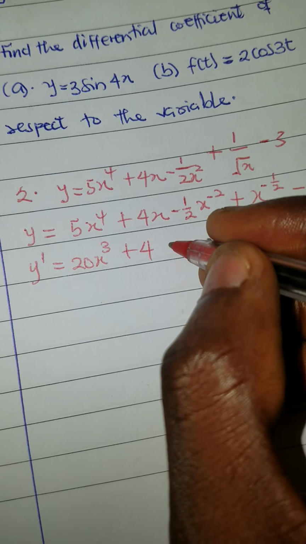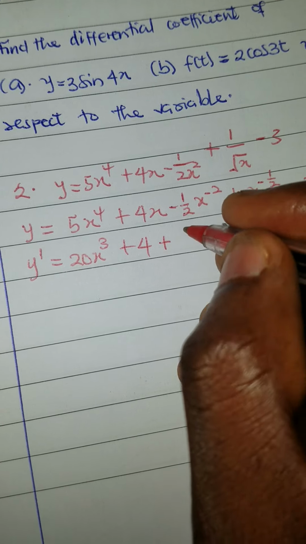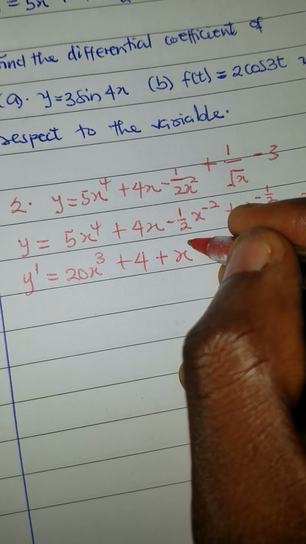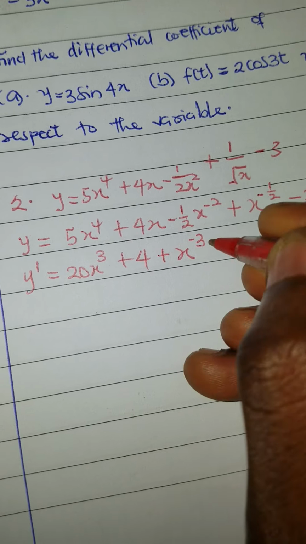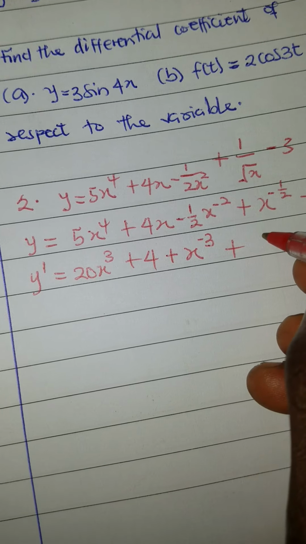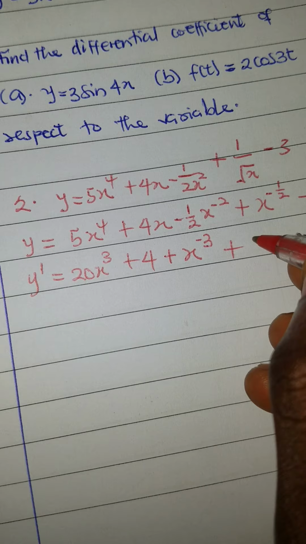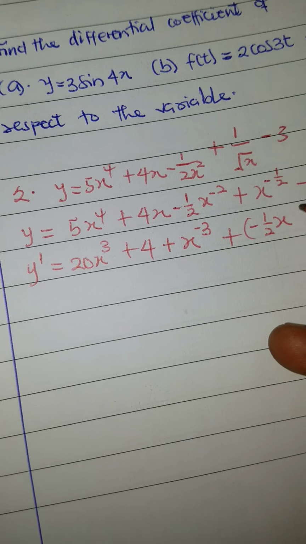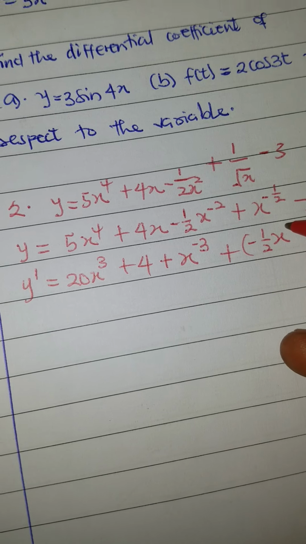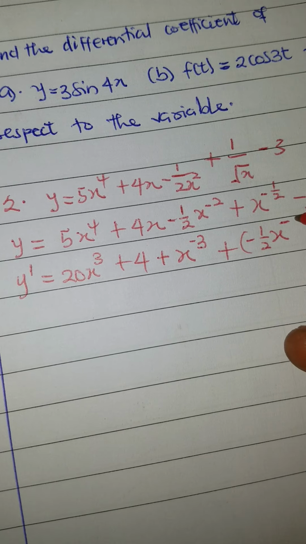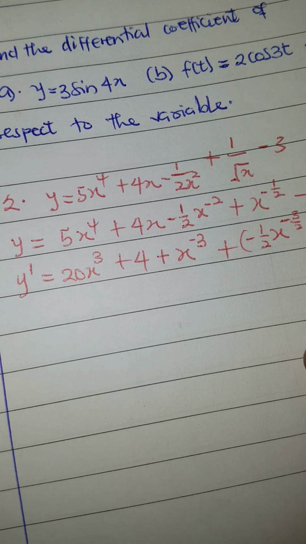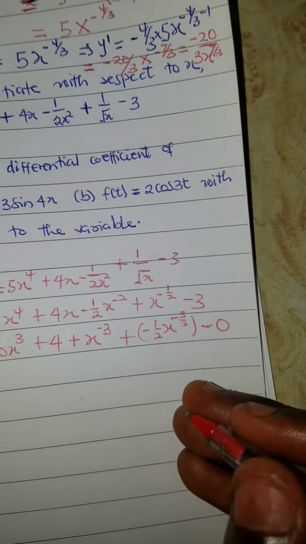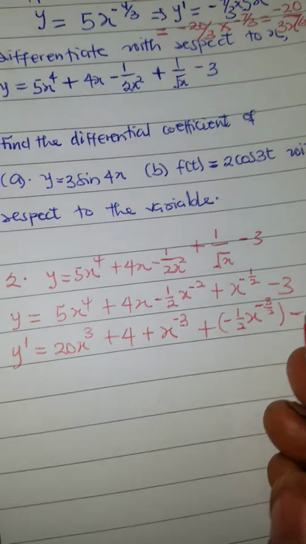Then this multiplied by this will give us plus x raised to the power minus 3 plus, this will now be minus half x raised to the power minus 3 over 2, then minus 0, it's a constant. 3 is a constant, so it will give you 0.